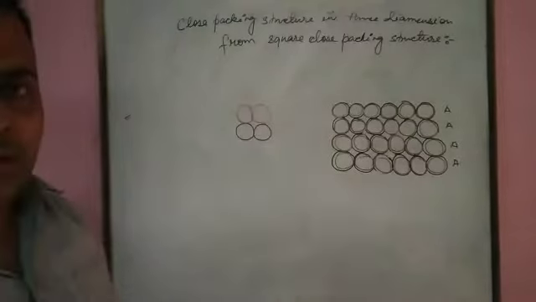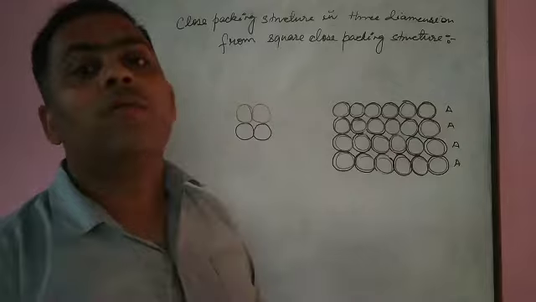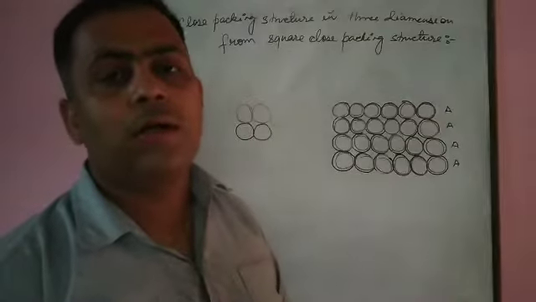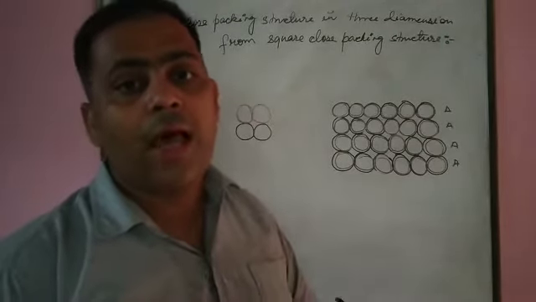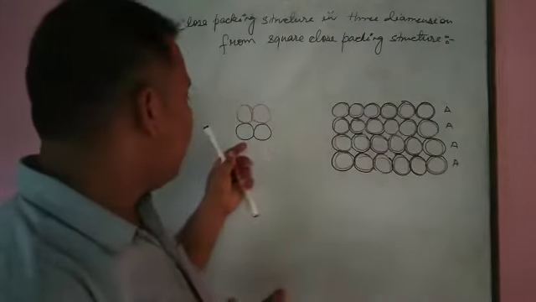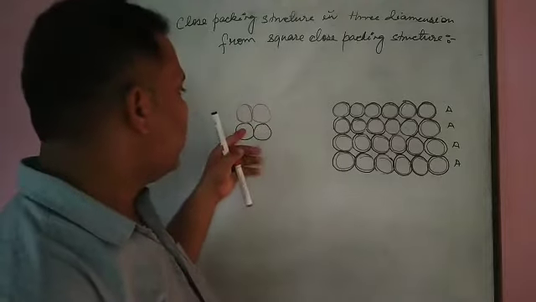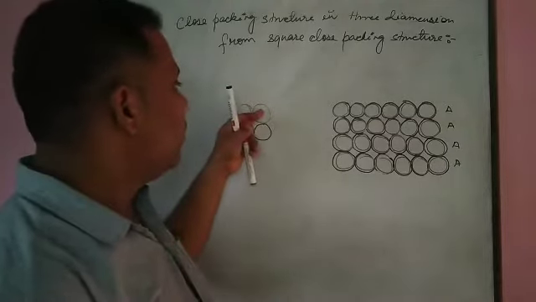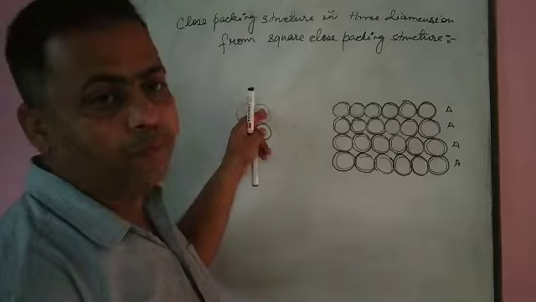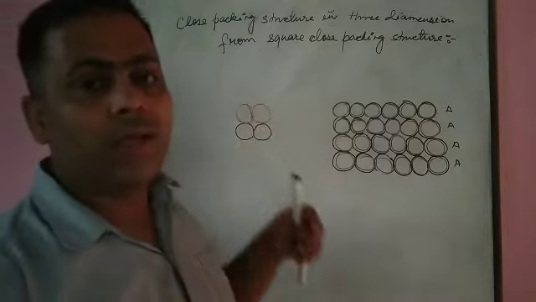When we join the centers of these spheres, we get a primitive unit cell, as I have told you earlier. It means when we join one atom, two atom, one behind this one and another behind this one, fifth, sixth, the next seventh, and the next one is 8.